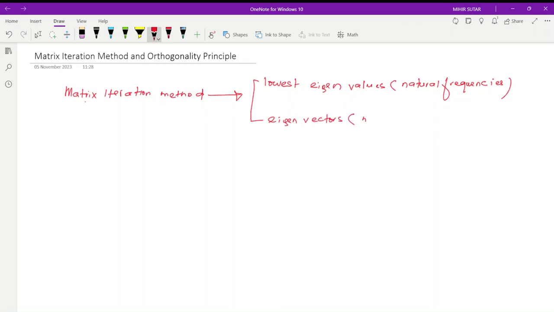Eigenvectors also known as mode shapes. Okay. For a multi degree of freedom system basically.